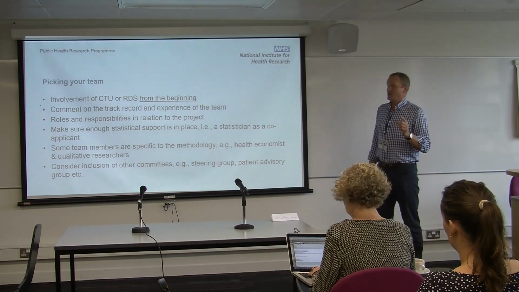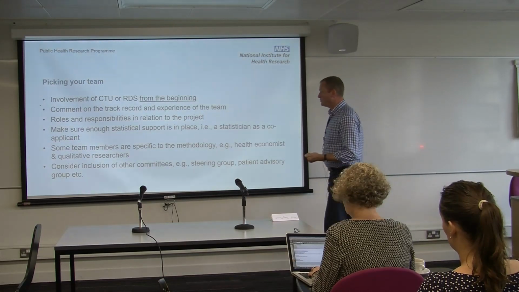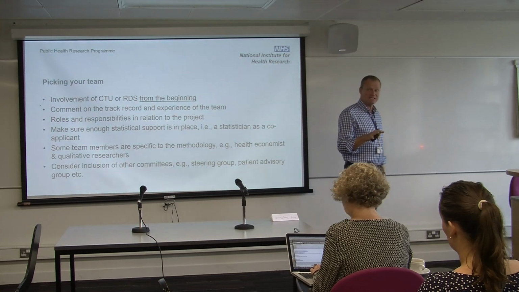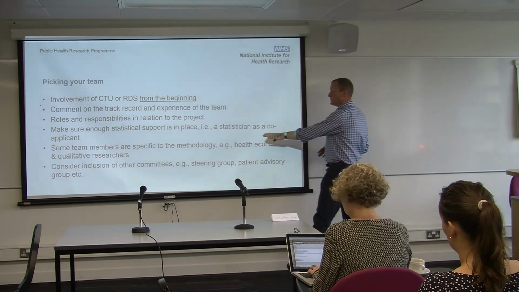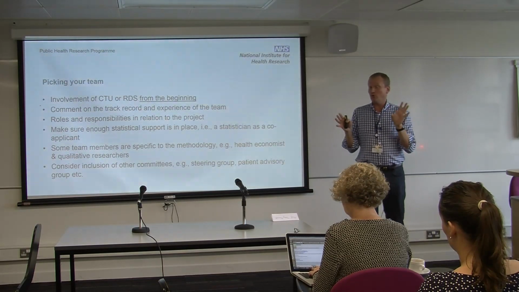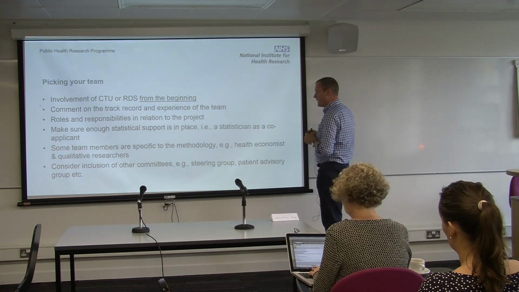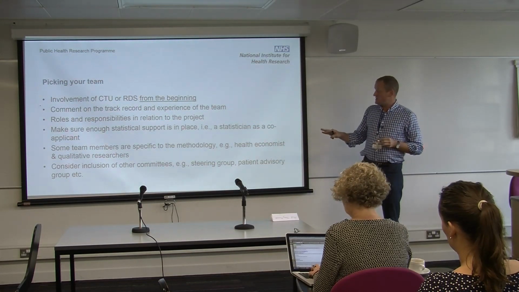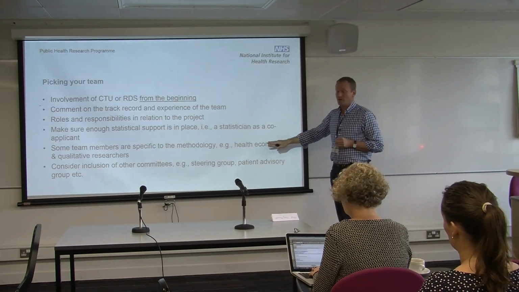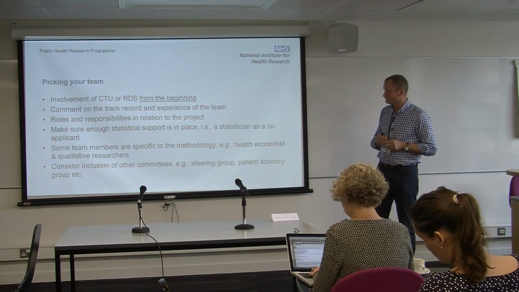You do need to make sure you've got sufficient statistical support. As we said, there are statisticians on the board. We don't want tokenistic involvement of a statistician at an end stage. A statistician needs to be involved from the start to make sure that the study is sufficiently powered or is able to deliver the aims that it outlines. Where appropriate, we also need health economists and qualitative researchers if these are questions that you also want to look at within the course of the proposal.